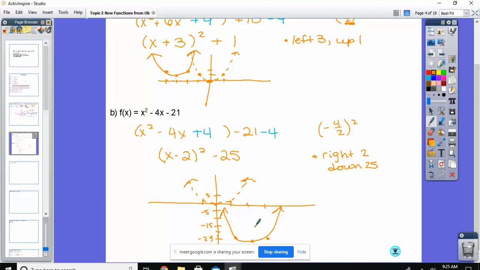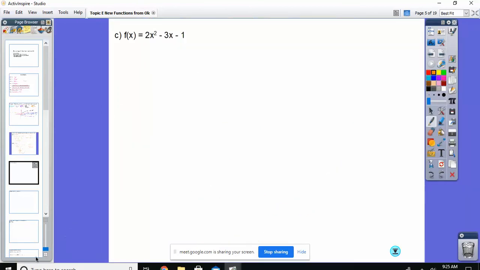I want to do one more. Completing the square requires that this leading term be a 1x squared. So I want to do one that was not. Okay, so we still start out grouping those together.